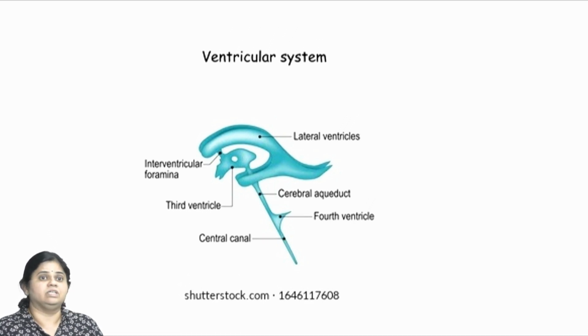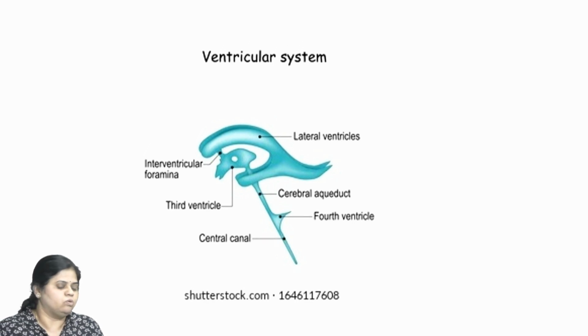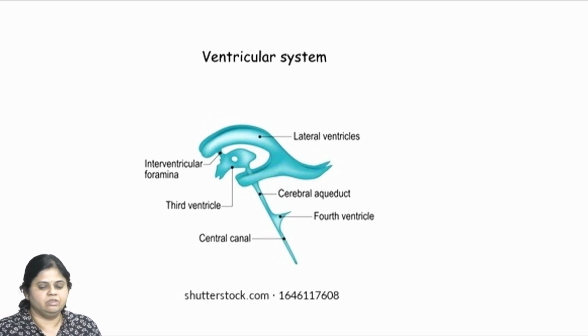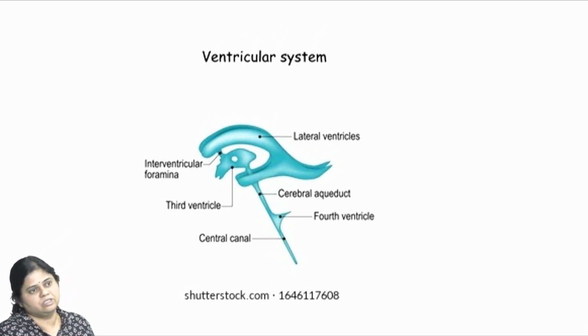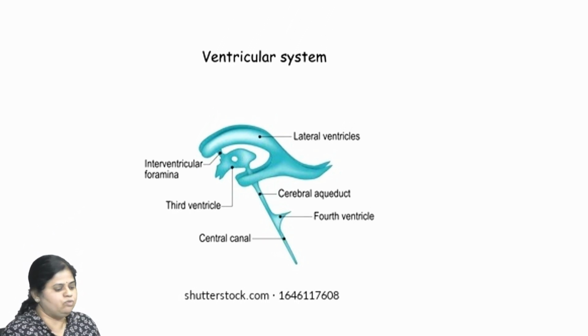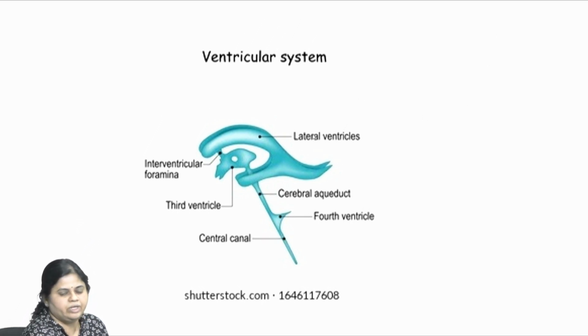Now let's come to this area of cavities where the production of CSF happens. As I already mentioned, we call it the ventricular system, and what you see on the slide gives you an overview of all the parts of the ventricular system. If you go to the slide here, what we see is the lateral ventricles.